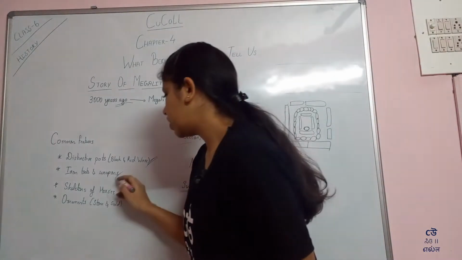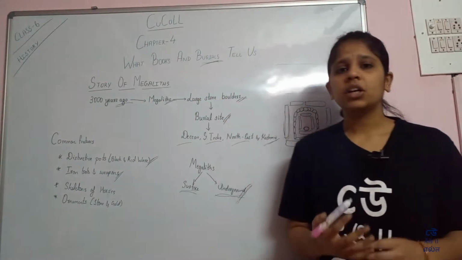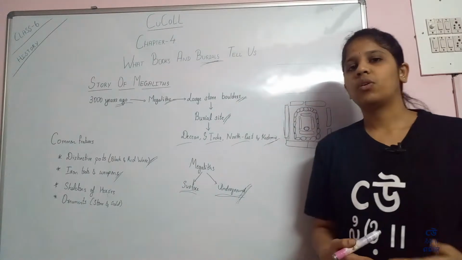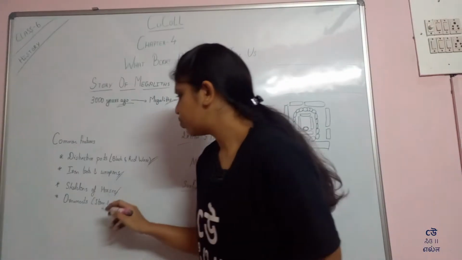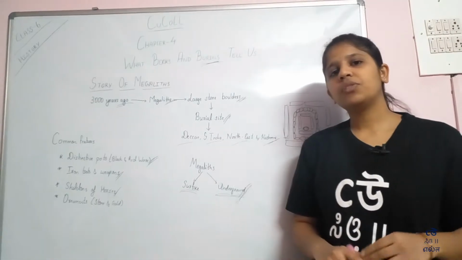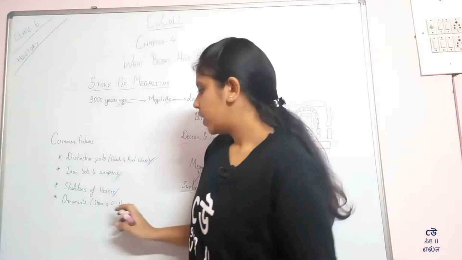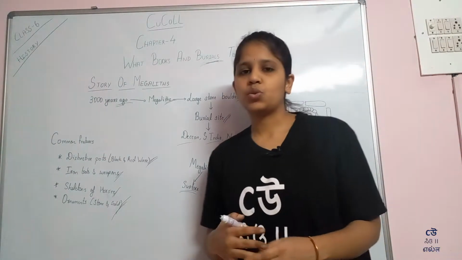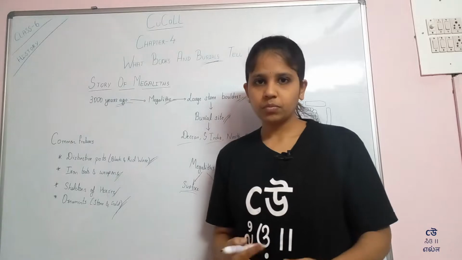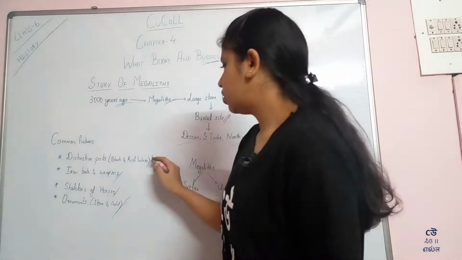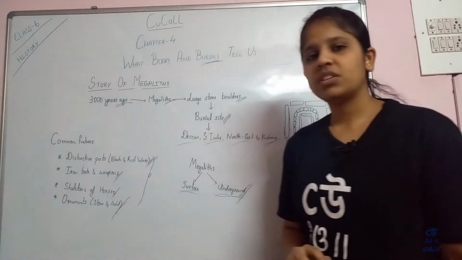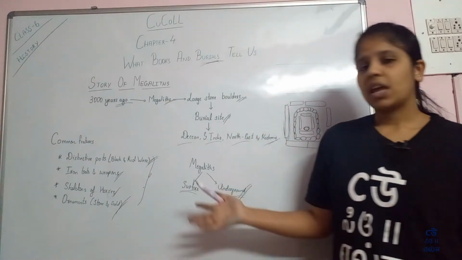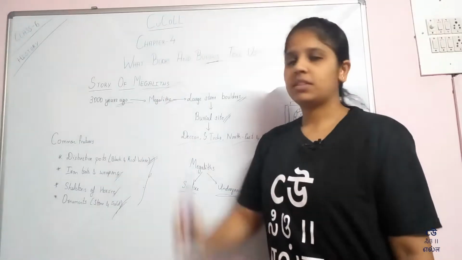Next, they also found some iron tools and weapons such as axes. They also found skeletons of horses, and ornaments made of stone and gold. These are all the common features archaeologists found while examining these megaliths.